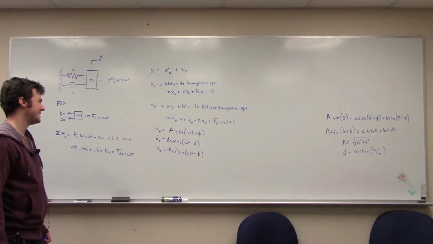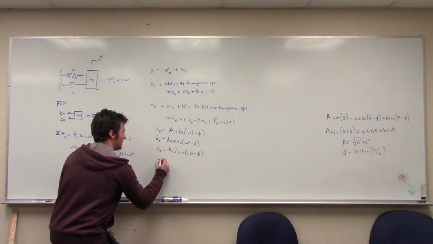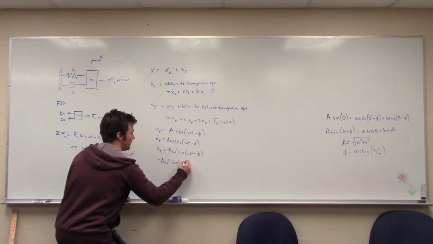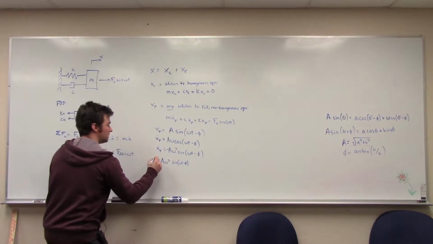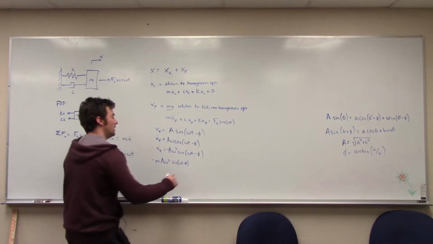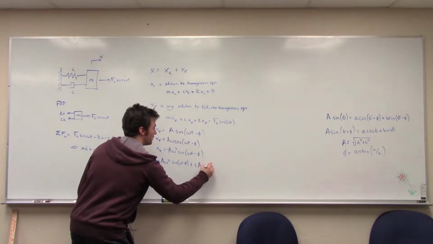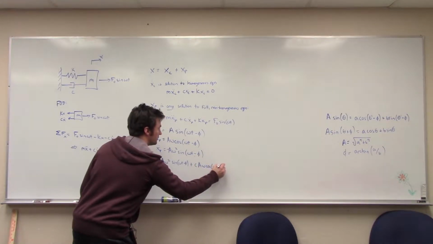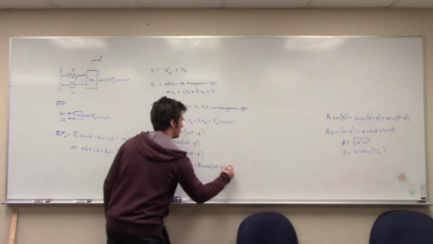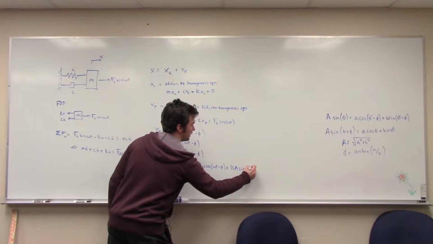All right, let's go ahead and write this all out. We have negative m A omega squared sine of omega t minus phi, plus c times A omega cosine of omega t minus phi, and plus k A sine of omega t minus phi.